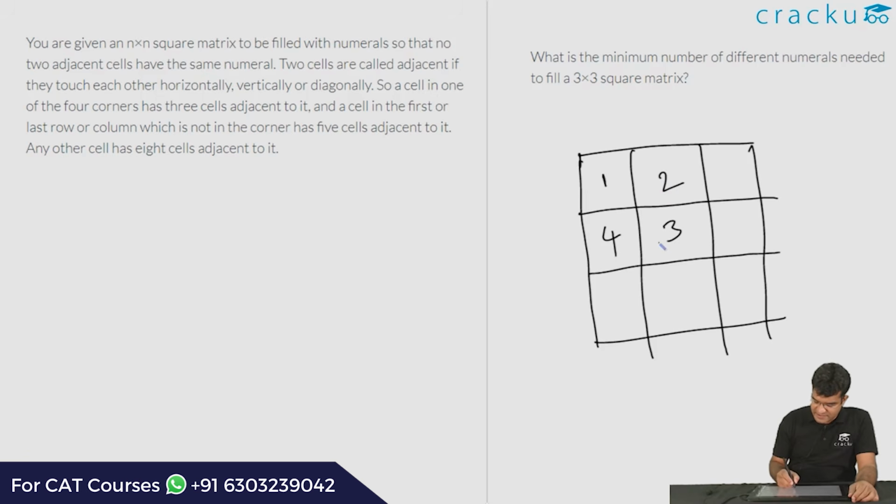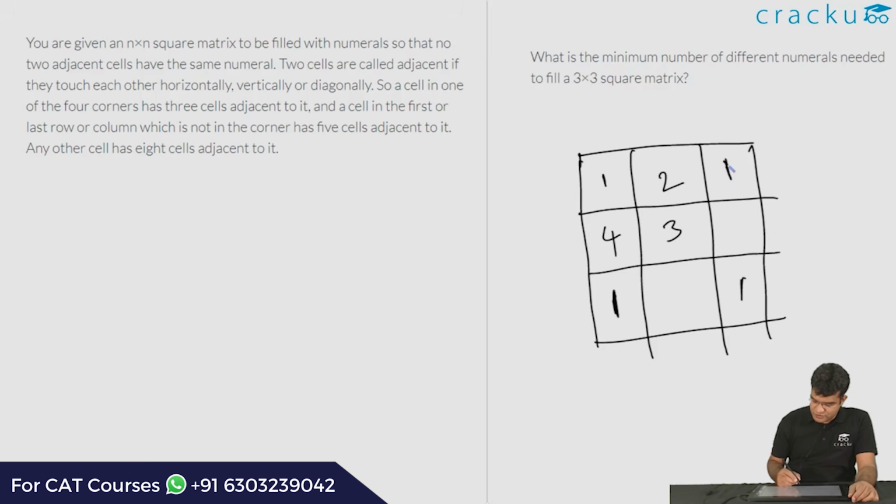Now, since we have already used 4 numbers, let us try to use the same numbers to fill up all the numbers in the matrix. If this is 1, this number can be 1 because this is not adjacent. So let us first use as many 1s as we can and then as many 2s, 3s and 4s as we can, and if it doesn't fit then we will see what to do. So this can be 1 because this is not a neighbor and this can be 1.